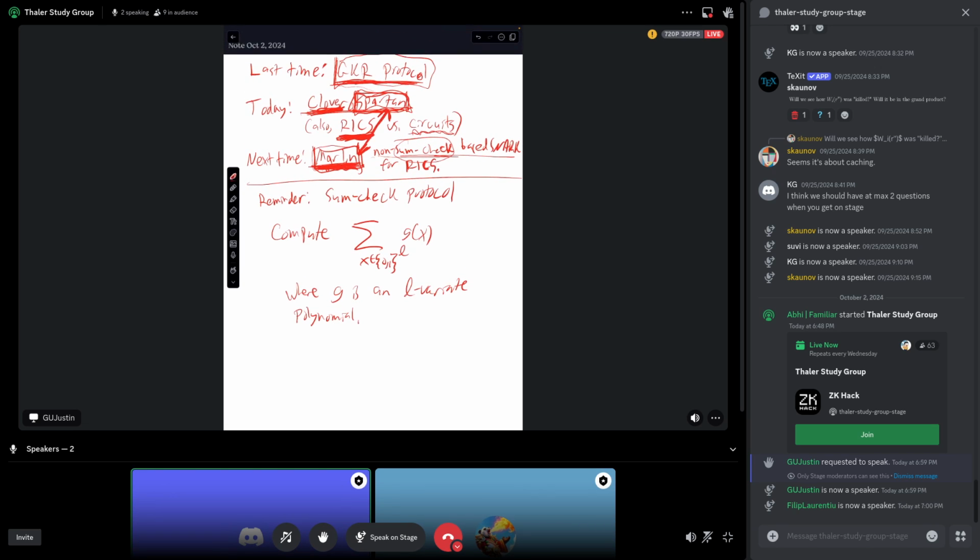Okay, so just a quick reminder, in case you're not sick of it yet. The sum check protocol, as far as today goes, you can basically treat as a black box. It's a protocol that solves the following problem. The goal is to sum up all evaluations of some polynomial G, where you're interested only in the evaluations over 0, 1 valued inputs.